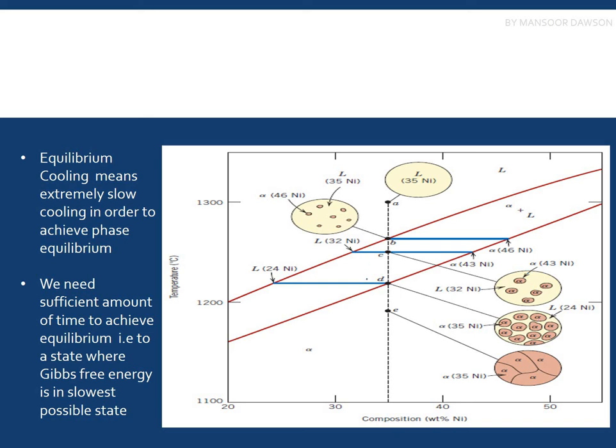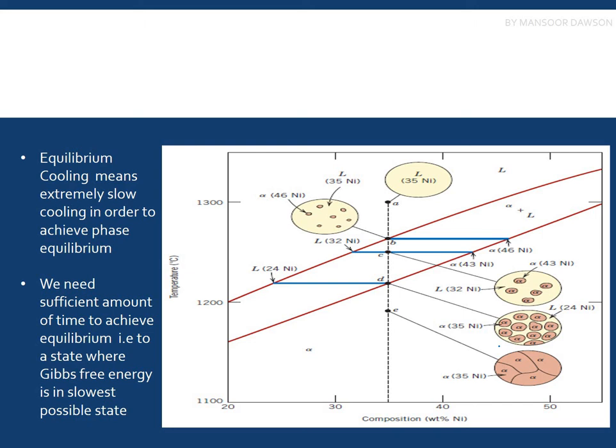After the solidus line, if you reduce the temperature more, all the liquid part disappears and you have alpha grains.